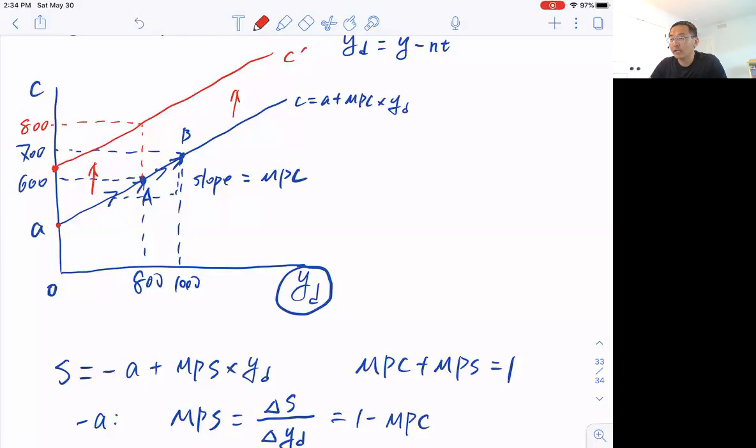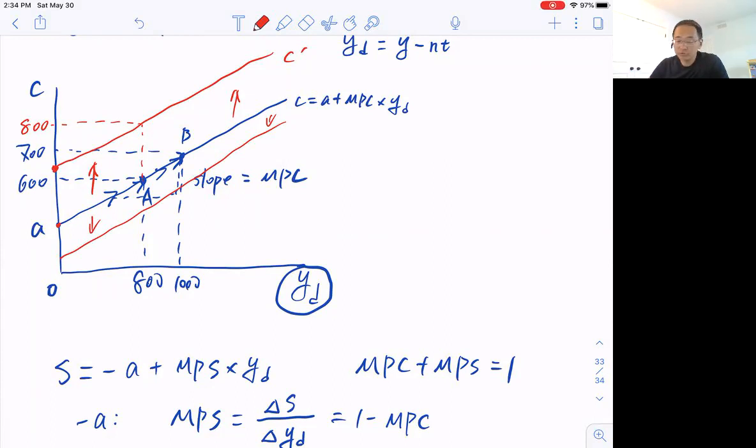Another thing is the price level, right? When things become expensive, then you can't afford to buy as much. So a higher price level is going to shift your curve downward. Also the interest rate is another one, because when the interest rate is higher, you are more likely to save.